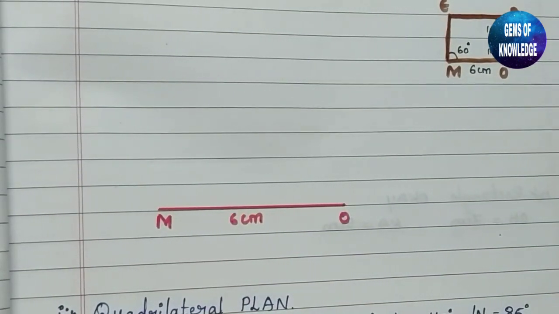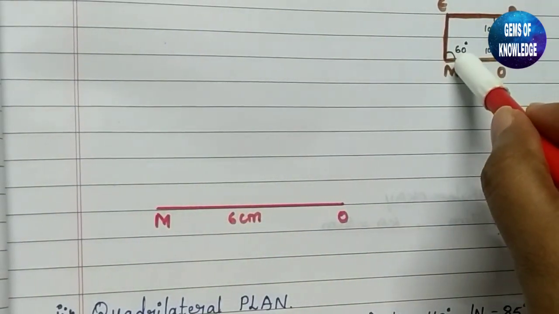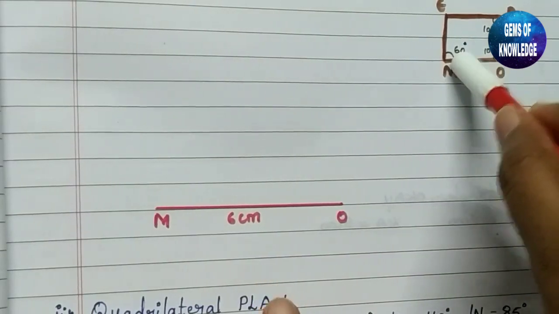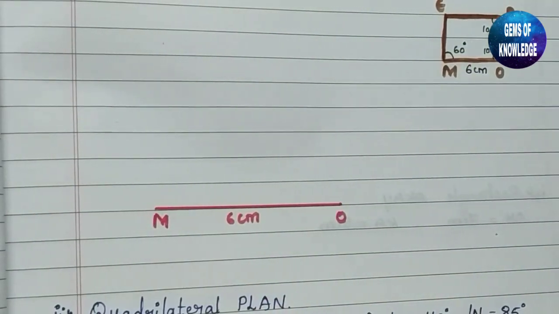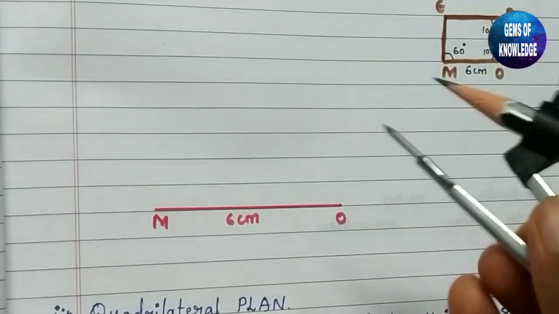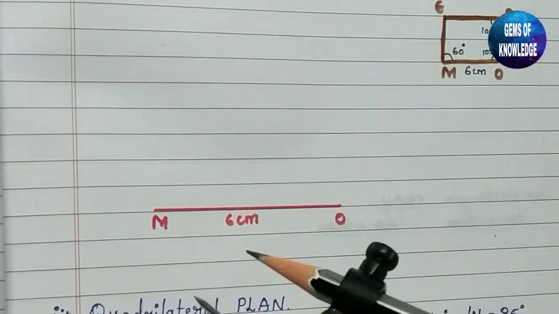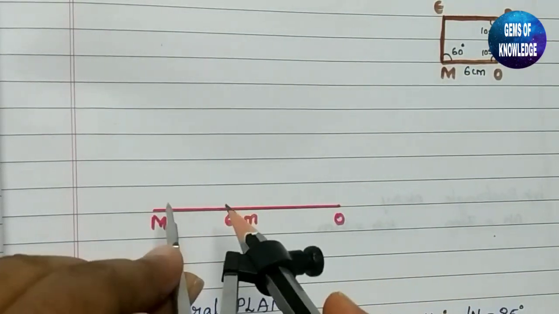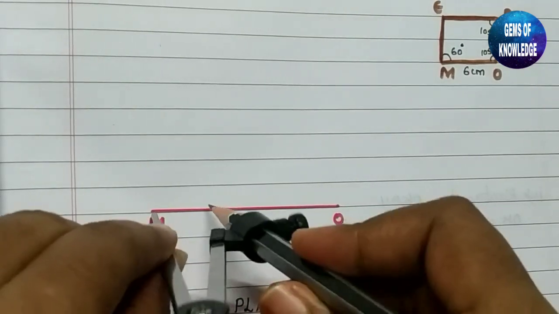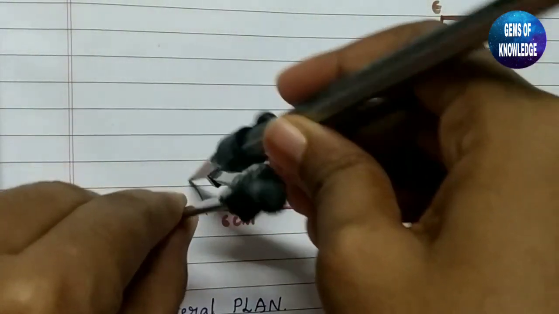The next thing we need to draw here is a 60 degree angle. As you can see, we need a 60 degree angle. So we will take our compass, keep the point here and draw an arc over here.